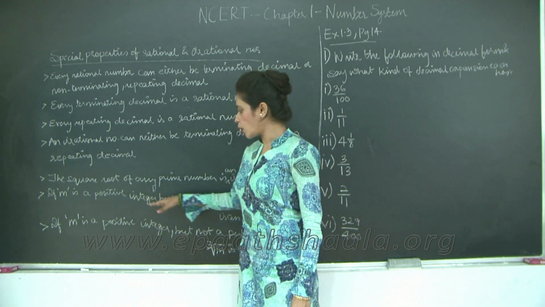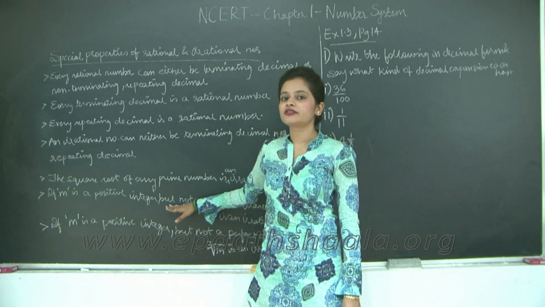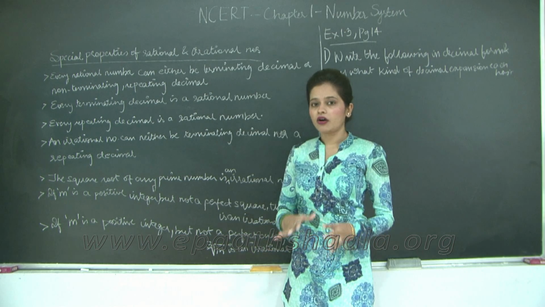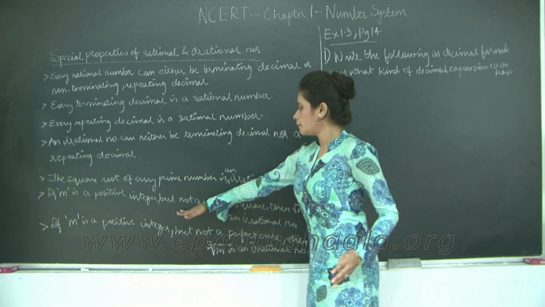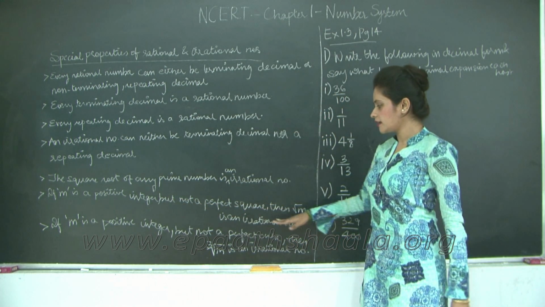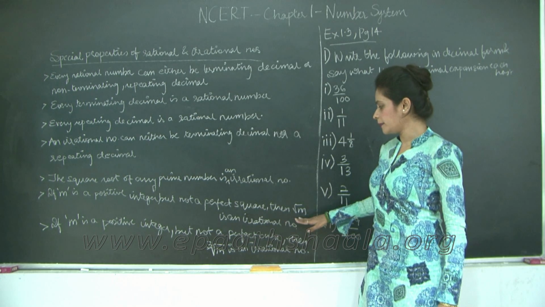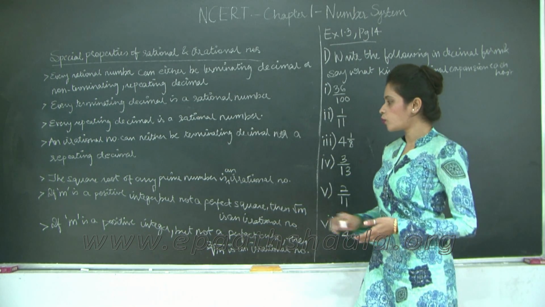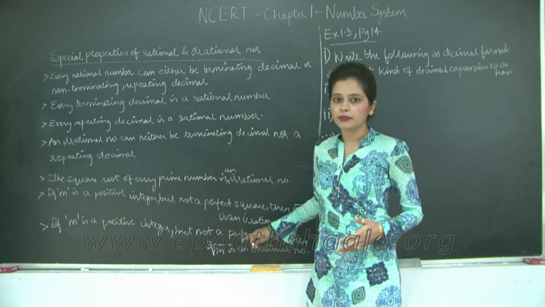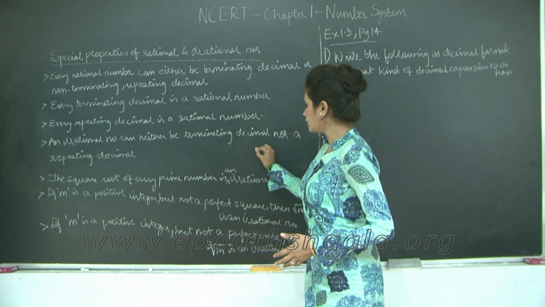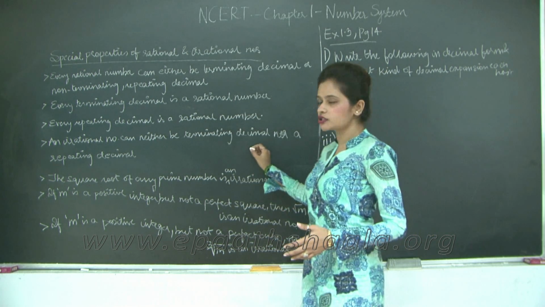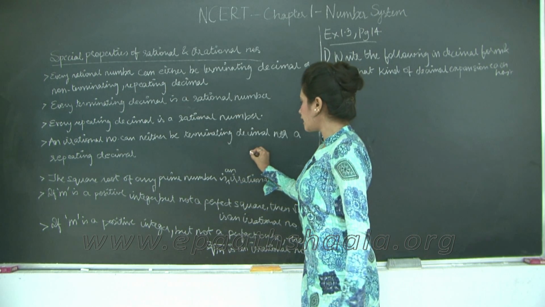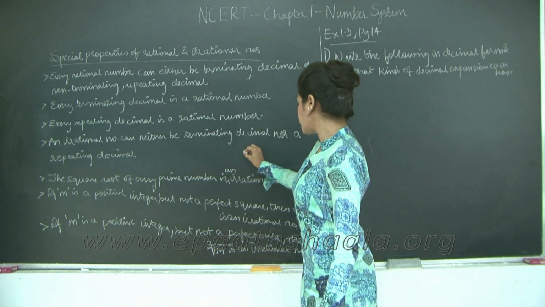If m is a positive integer, as in all the numbers on the right hand side of your number line, but not a perfect square, then root m is an irrational number. So what are examples of integers that are not perfect squares? We have 1, but for 1 the square root is 1.